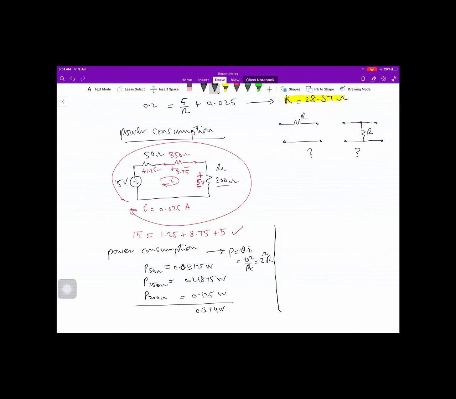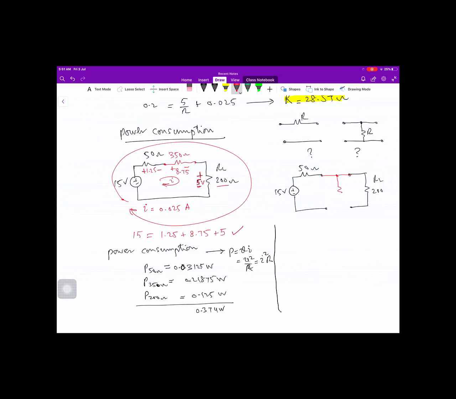And now we see the parallel interface. This is 50 ohm resistance, and this is 15 volt, and the interface, and then the output. At the output we have load resistance. So what is our interface?